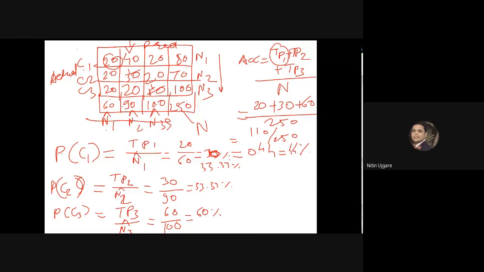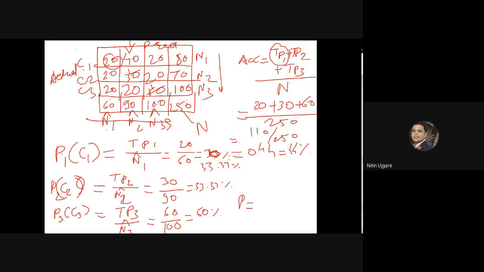So I have calculated the precision of each of these classes C1, C2 and C3. But apart from this, I also asked you to calculate the overall precision for the multi-class classifier. You can call the per-class values P1, P2 and P3.